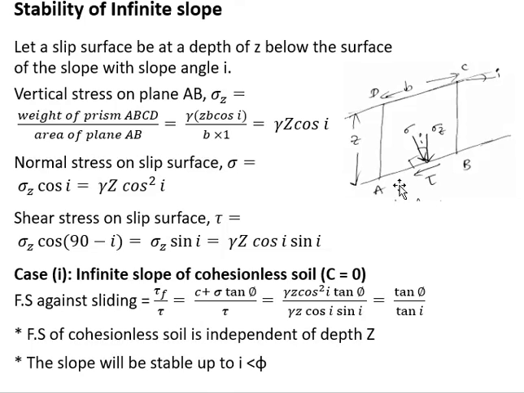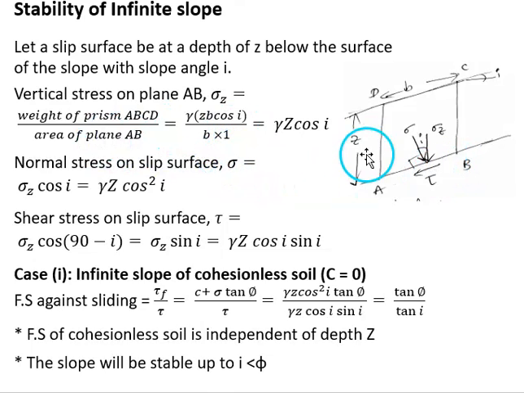So here if we consider a slip surface which is located at a depth z below the surface of the slope with the slope angle i, then for the plane AB, the vertical stress on plane AB, which is taken as sigma z, equal to weight of prism ABCD divided by area of plane AB.